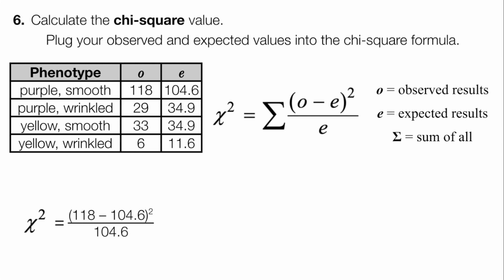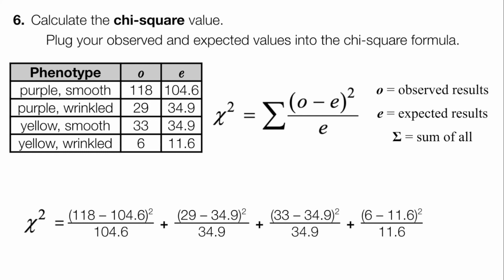The 118 represents how many purple smooth offspring we observed, and the 104.6 represents how many we expected to observe. And we can continue to do that for each of the 4 phenotypes until we get to the last phenotype, and finally we need to add up all of the values to get one final number, and that final number represents our chi-square value. So our chi-square value for this cross is 5.52.